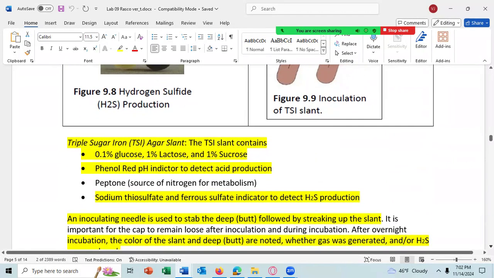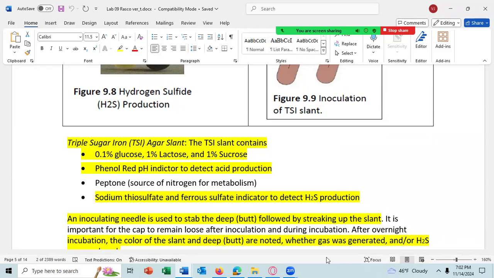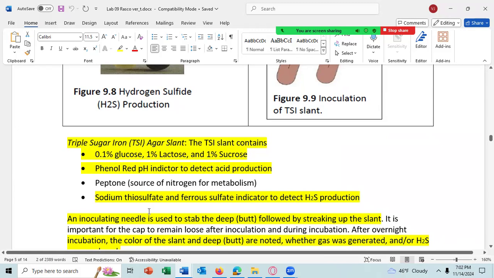So the triple sugar iron slant test has only 0.1% glucose, but 1% lactose and sucrose. So you notice the lactose and sucrose are 10 times more concentrated than the glucose. It has the phenol red indicator in it, looking for acid production. And then sodium thiosulfate and ferrous sulfate are used to detect hydrogen sulfide production.